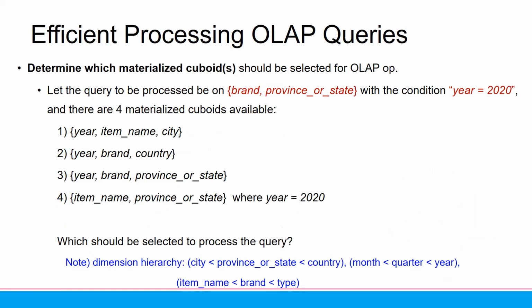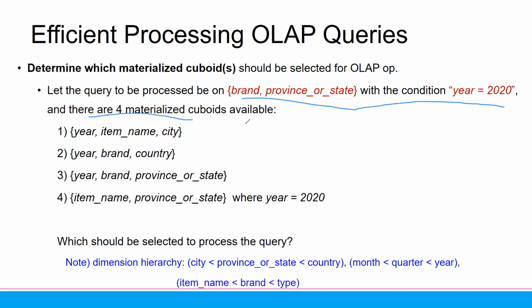Now let's say I have the materialized cuboids, and I want to do a query. The query will be: brand, province or state, and the condition is 2020.